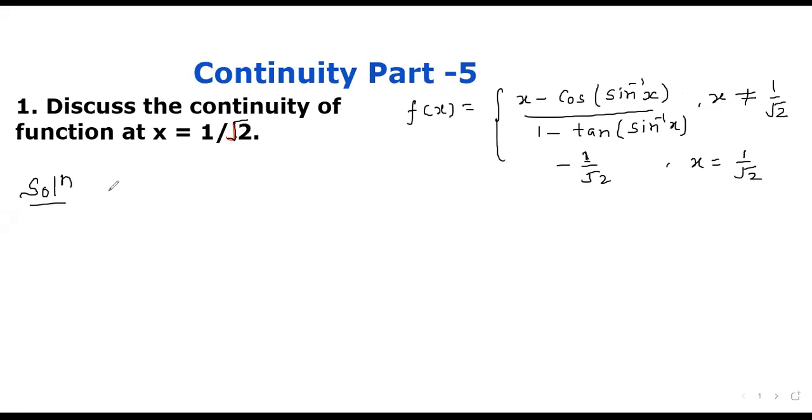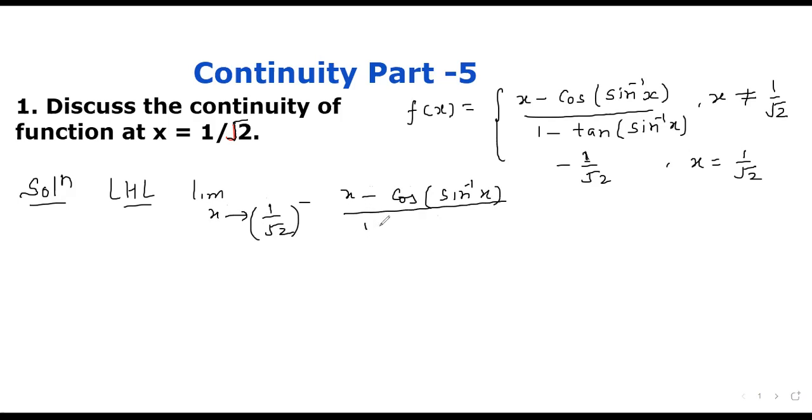Let's find out LHL. LHL is the limit as x tends to 1 upon root 2 minus, and the function is x minus cos of sine inverse x divided by 1 minus tan of sine inverse x.